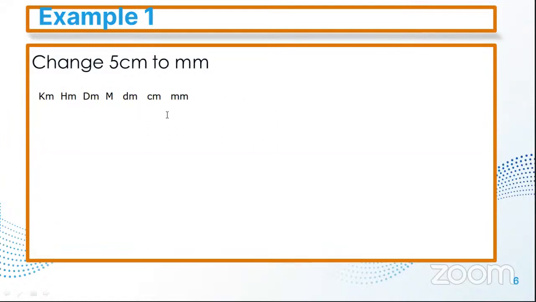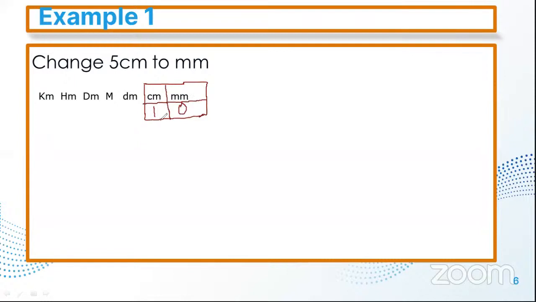Members, this is the order we are going to deal with right now. So in this order, let me separate it like this. To find the conversion rate, we have 1 centimeter, and here we can fill it with a 0.